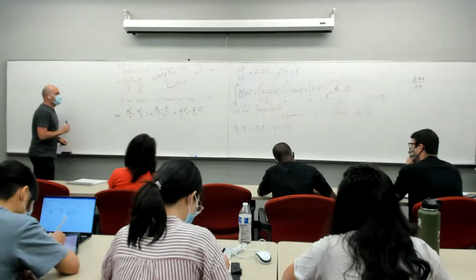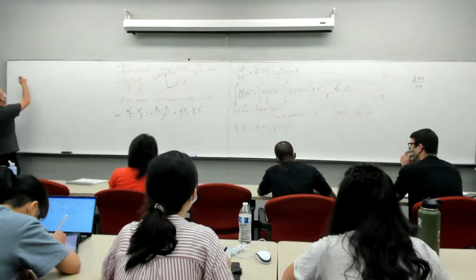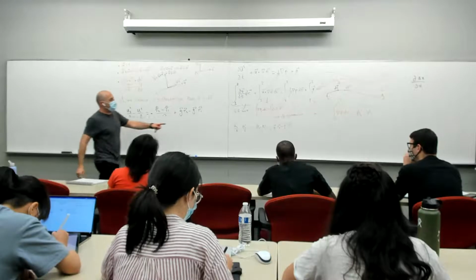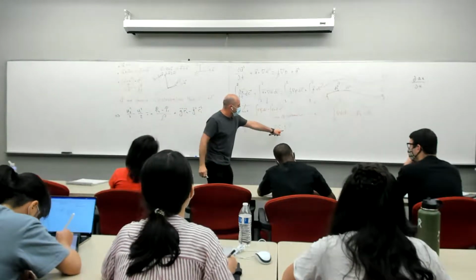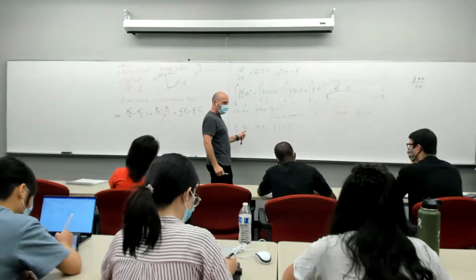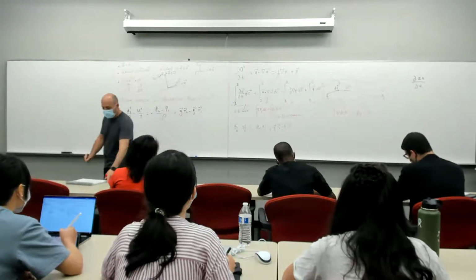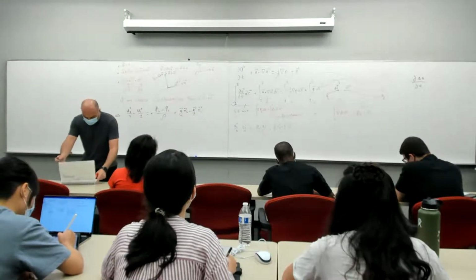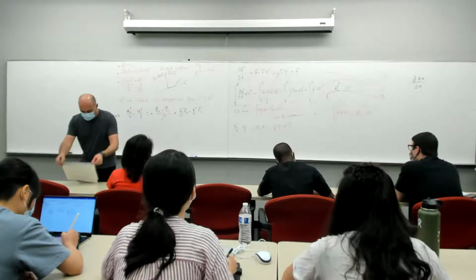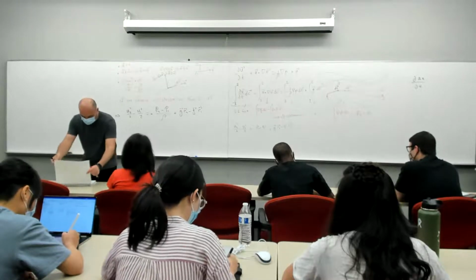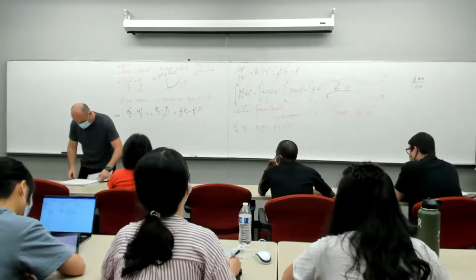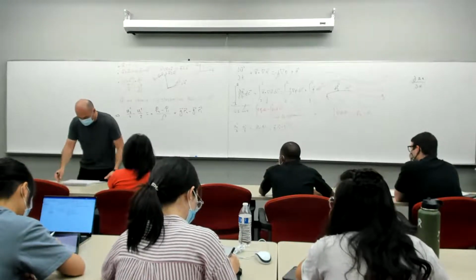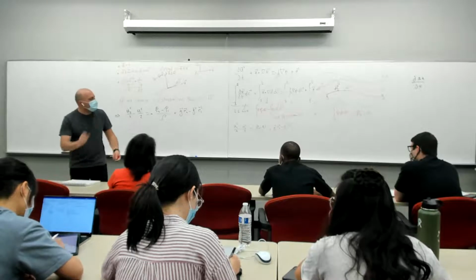We have minus U1 squared plus P1 over rho plus g dot R1, right? Make sure I got it right. There's one more thing we can do.